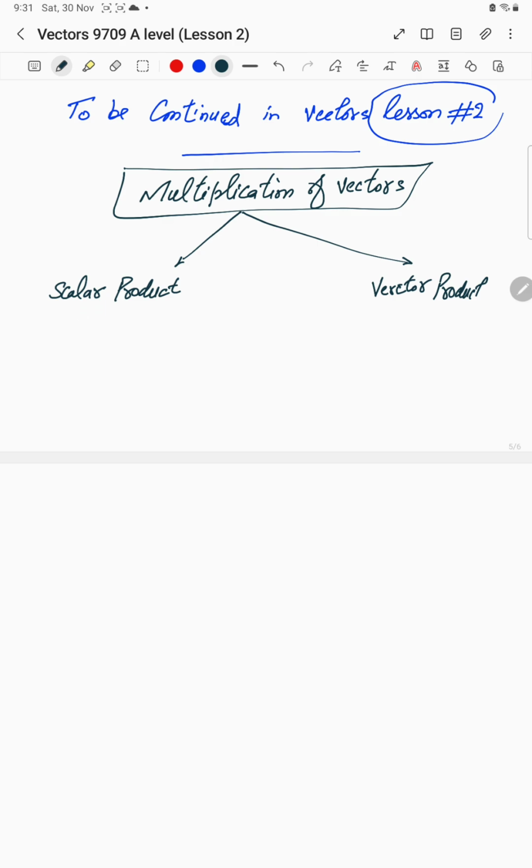Another name of scalar product is dot product. The word product or multiplication is the same. Don't confuse this product, multiply. So scalar product is called dot product and vector product is called cross product.